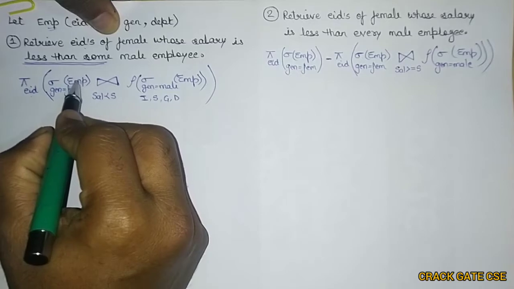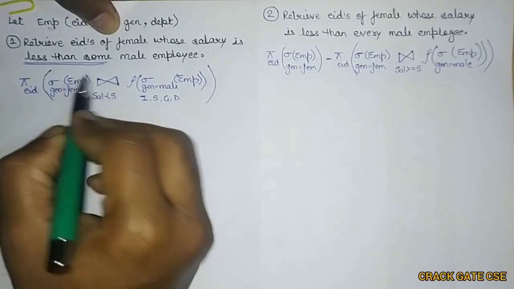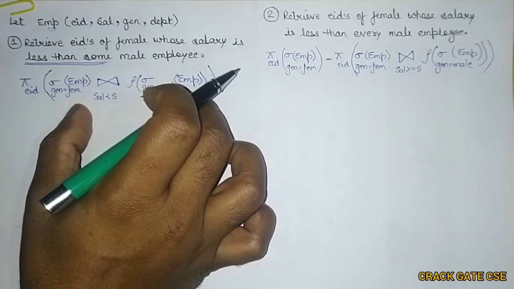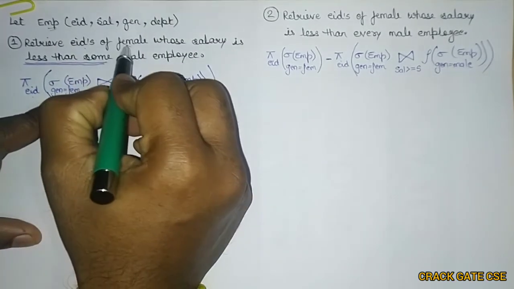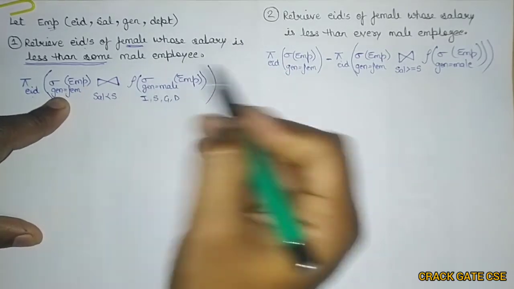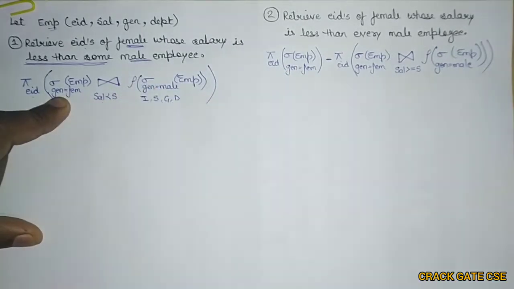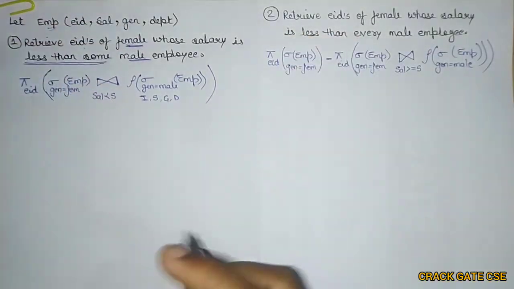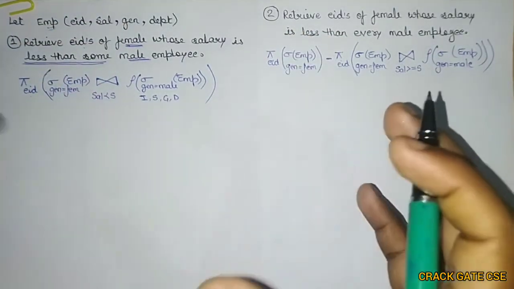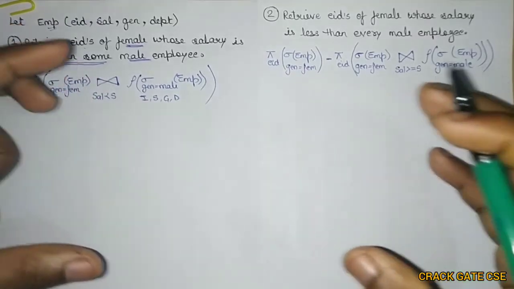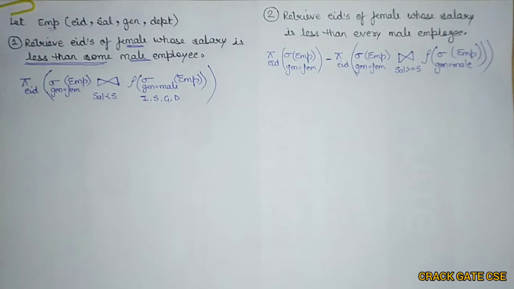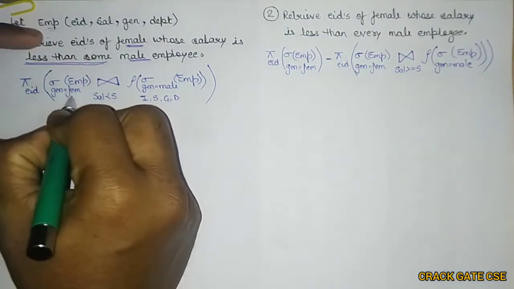So I am applying the join operation between these two instances of the employee table, in which on the left hand side I am taking gender as female and on the right hand side I am taking gender as male. Same relation, we are taking two different views and performing the join operation so that we can get the exact query. So you got to know how we got this.